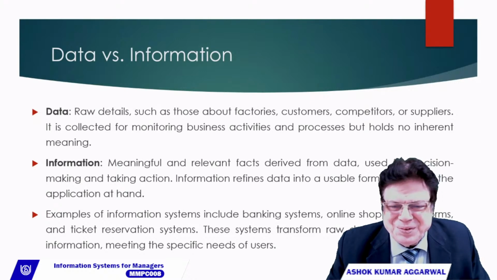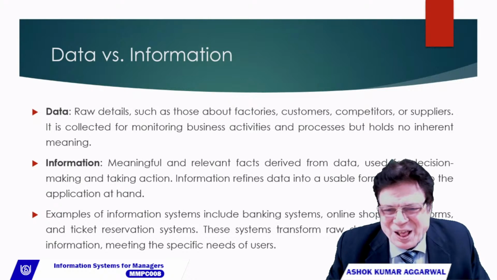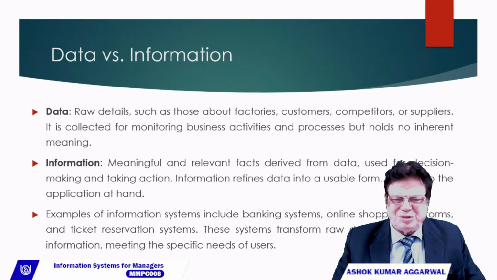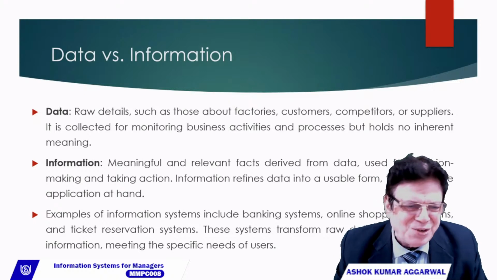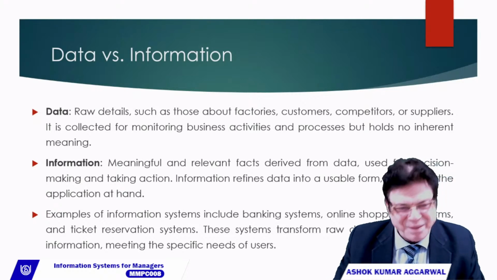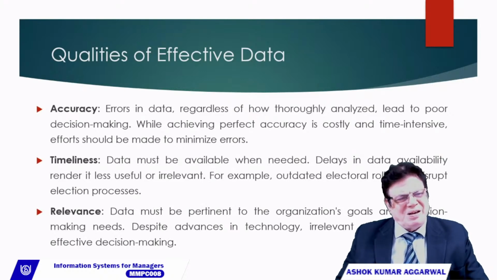Then they will issue you the ticket so fast. Similarly, this banking system and ticket reservation, now they're doing it very fast with the help of computerization. These systems transform raw data into actionable information, meeting the specific needs of users. Next is queries of effective data accuracy.